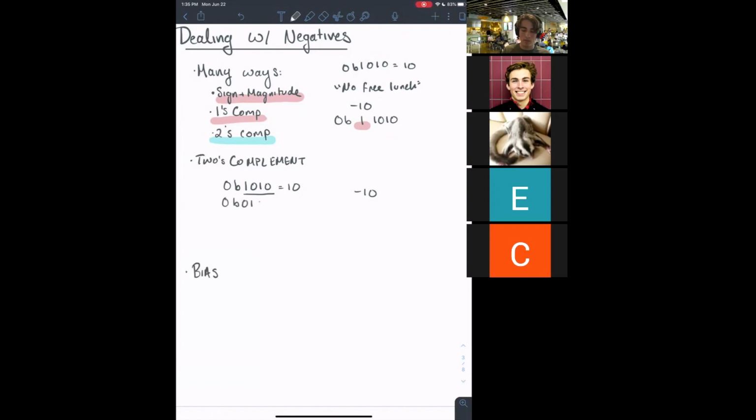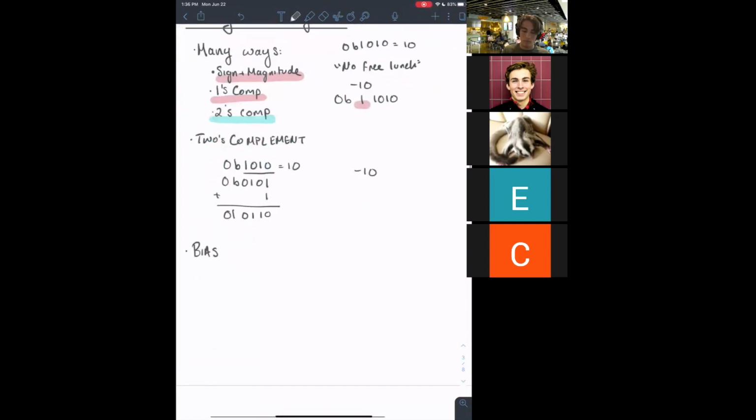So this becomes +1. And this resulting value is my 2's complement representation of -10.